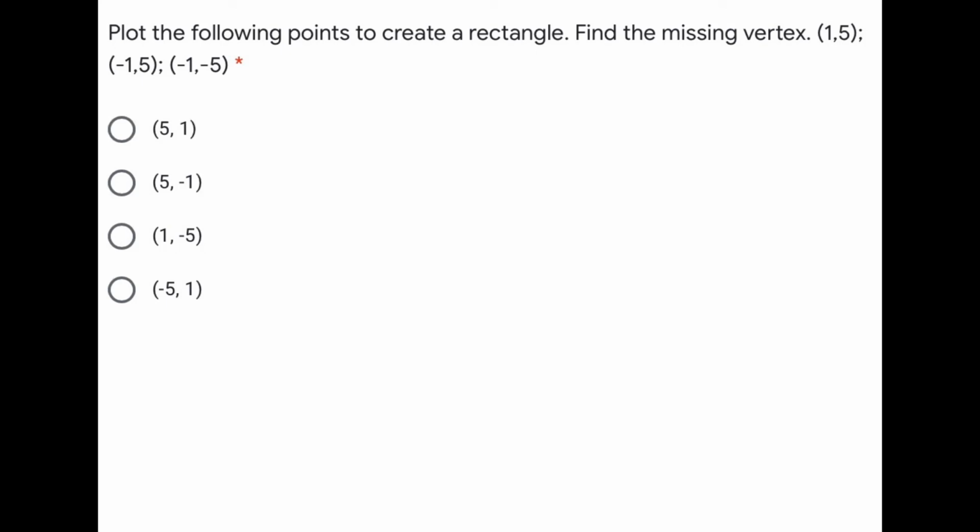Plot the following points to create a rectangle. So we're plotting points. Find the missing vertex. All right, we're creating a rectangle. So we have 1, 5, -1, 5, and -1, -5.